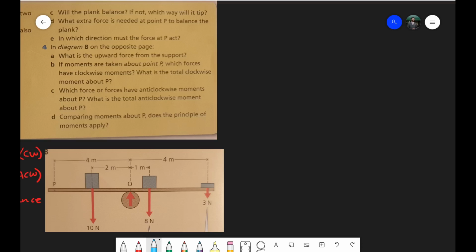So you can just apply the condition of equilibrium, which is upward force should be equal to downward force, and all the downward forces are 10 plus 8 plus 3. So what we end up with is 10 plus 8, 18, 18 plus 3, and 21 Newton. So that should be the answer to this question.